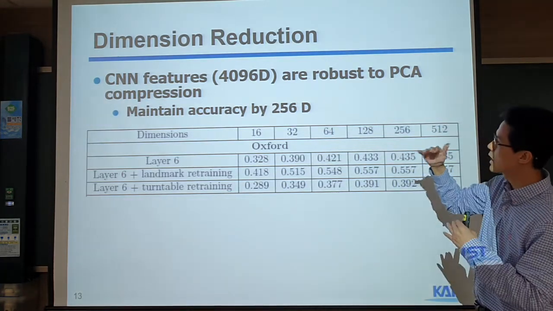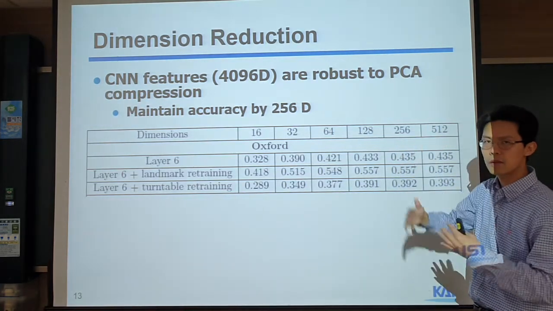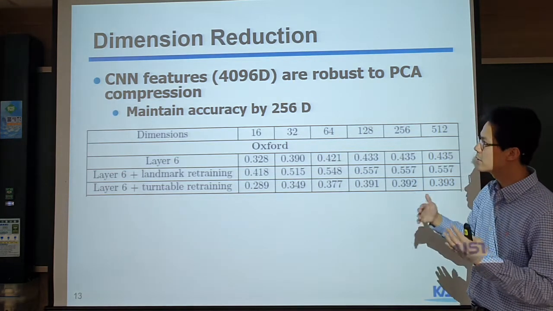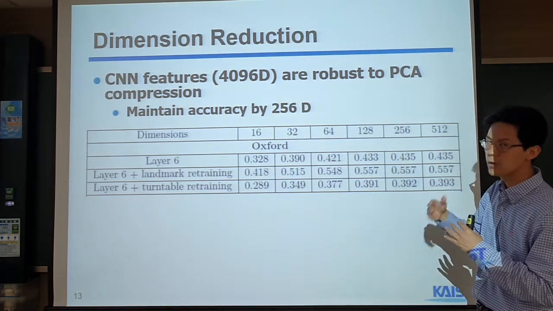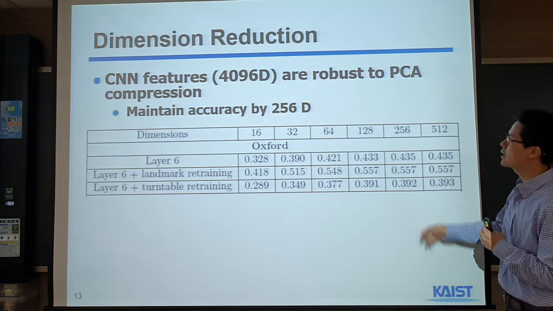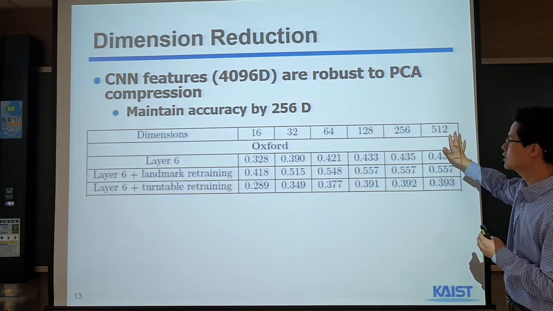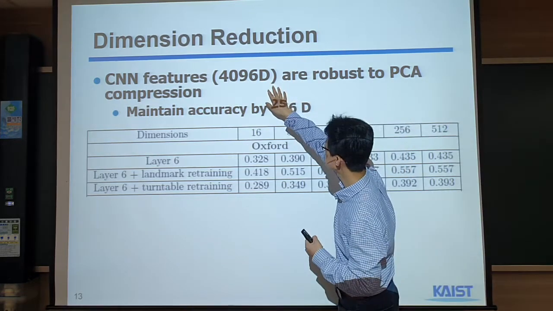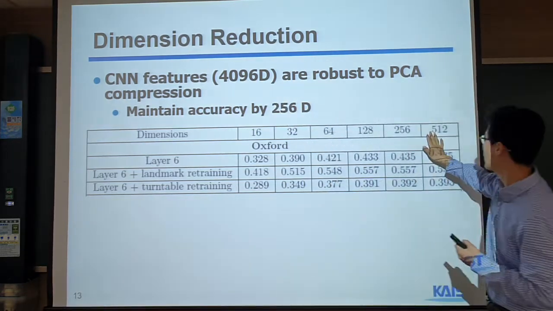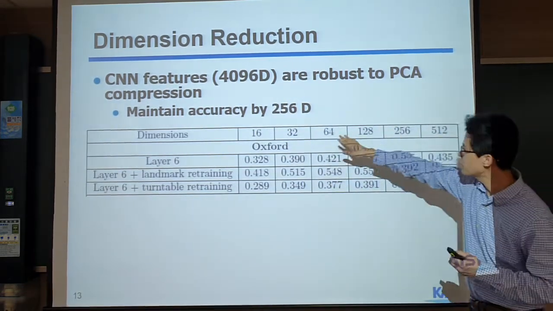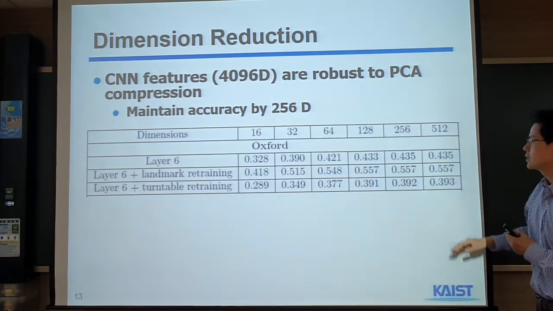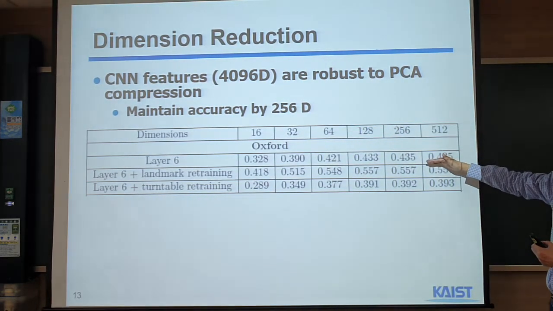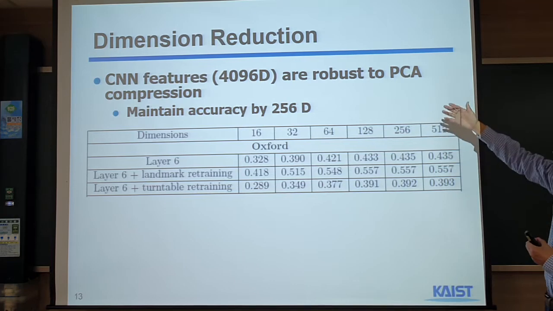Just using the original high dimensional data set requires quite a lot of memory, and there might also be some noise, right? So they tried out PCA, this dimension reduction. They reduced the original 4000 dimensions down to 512, 256, and so on, and then they measured the accuracy. The higher number is better for the accuracy.